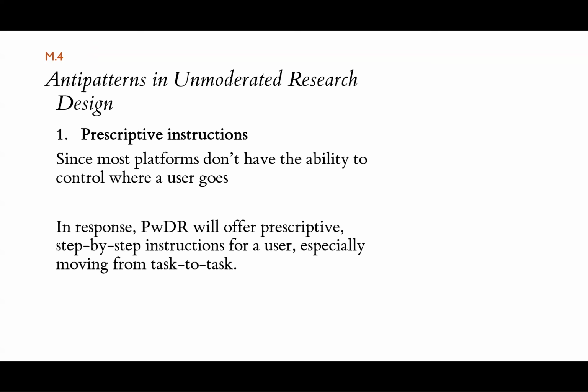Since on most platforms you don't have the ability to control where you're going, people who do research offer prescriptive step-by-step constructions for a user, especially when they're moving from task to task, right? It just introduces way more room for misinterpretation by the participant who is doing the research.